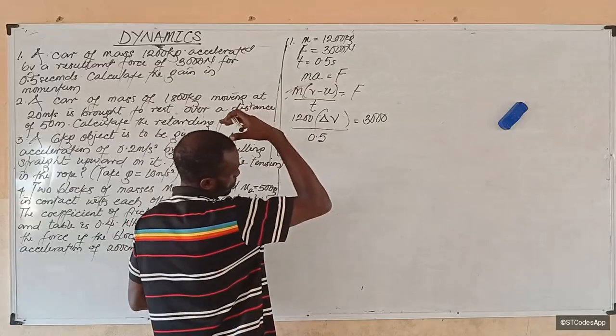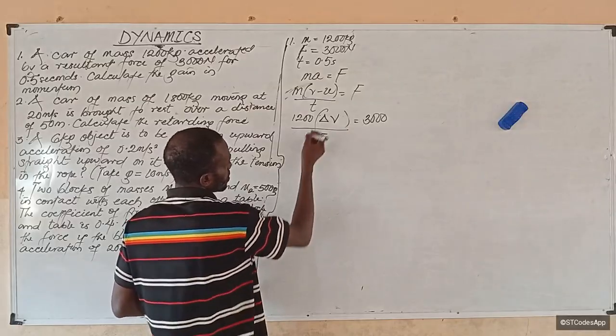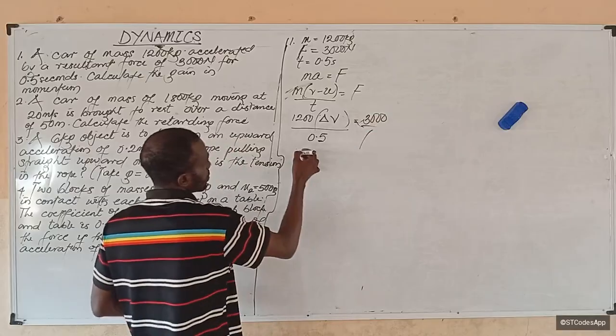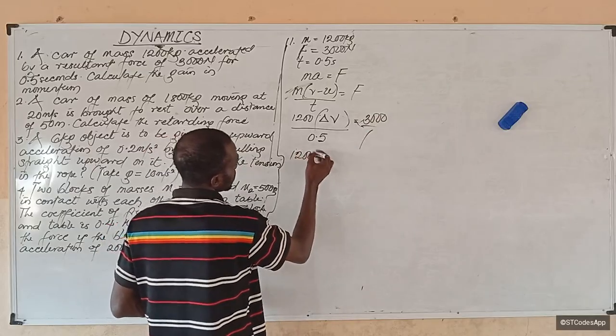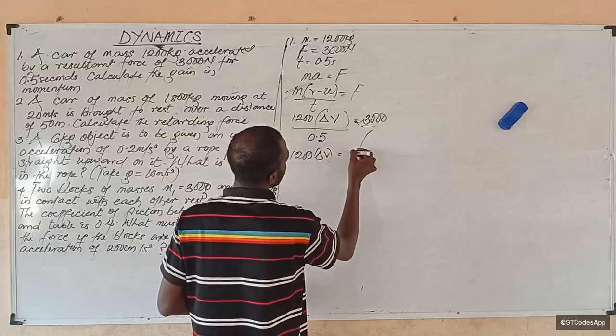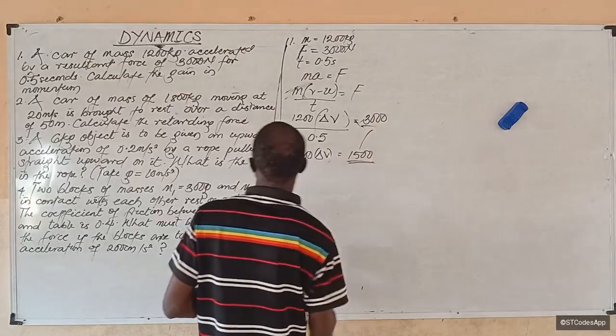All right. So you cross multiply here, and you will have that 1,200 times the change in velocity is equal to half times 3,000, that is 1,500.